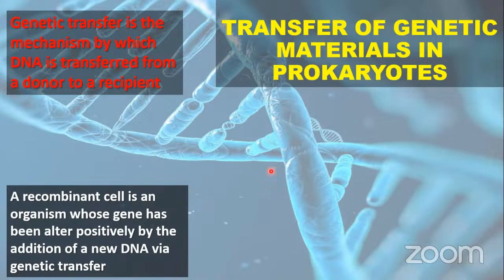Now, recombinant cells can be natural or artificial. Natural is a natural process of genetic transfer between microorganisms in the environment, whereas artificial is the transfer of genetic material between two microorganisms, but carried out biotechnologically by humans.